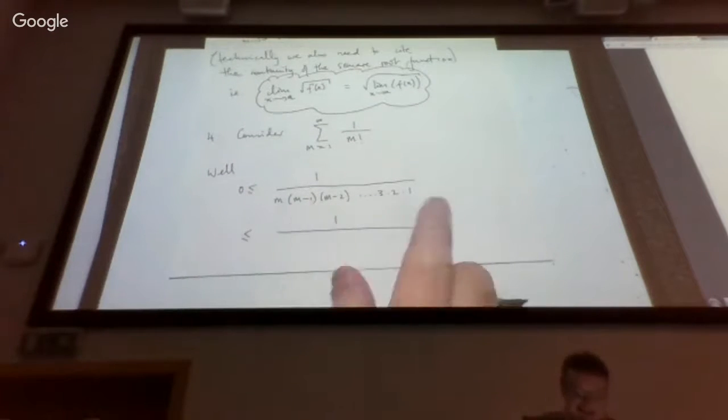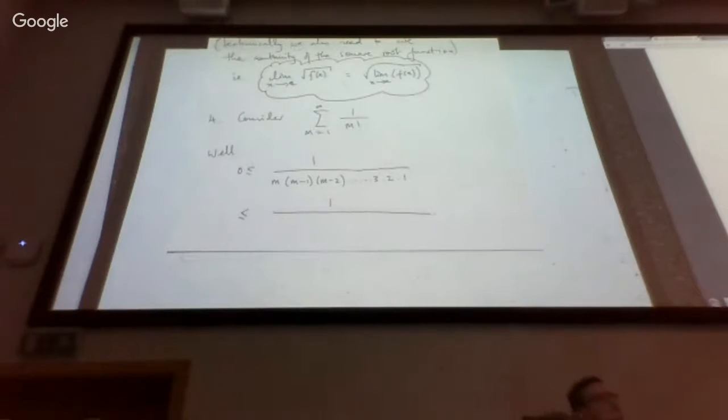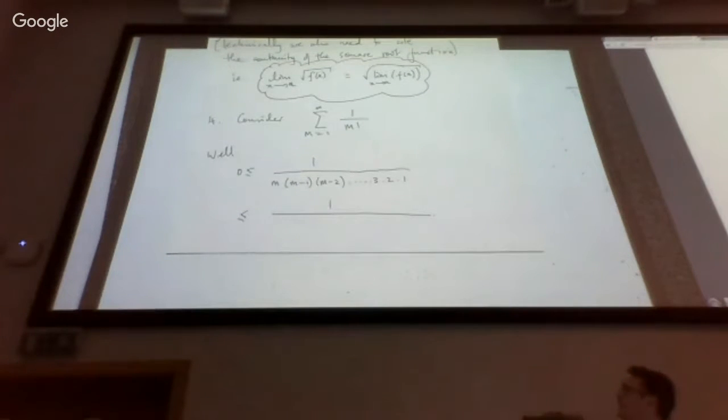Now this is difficult to handle exactly because all these numbers here are different. Is there some way we can simplify it in such a way that we are making the fraction larger?